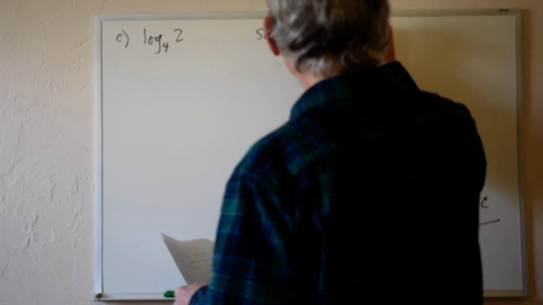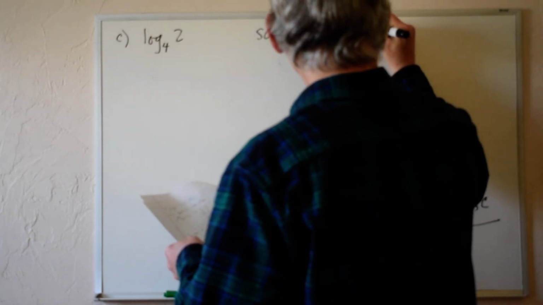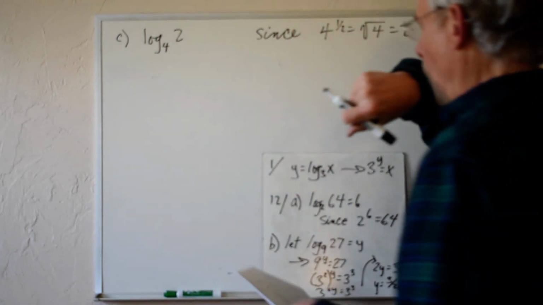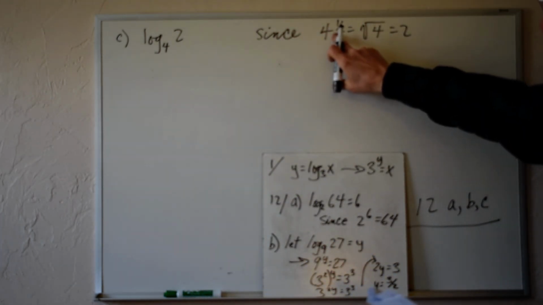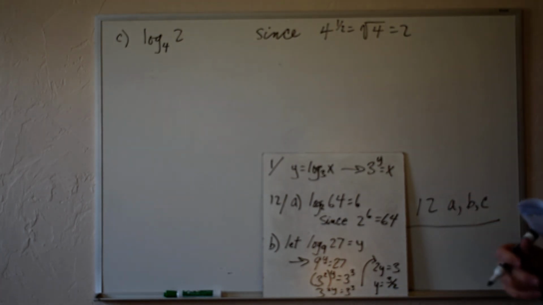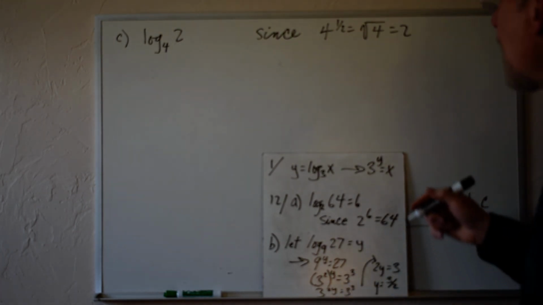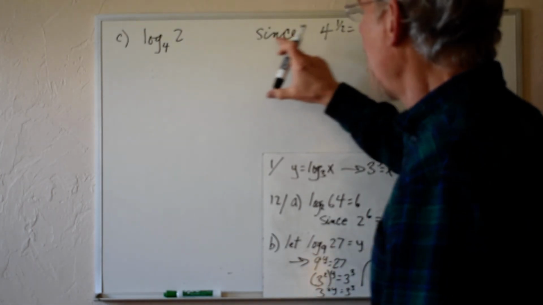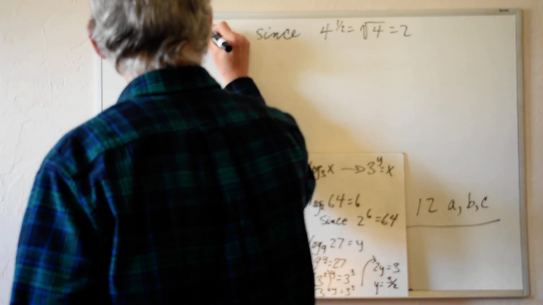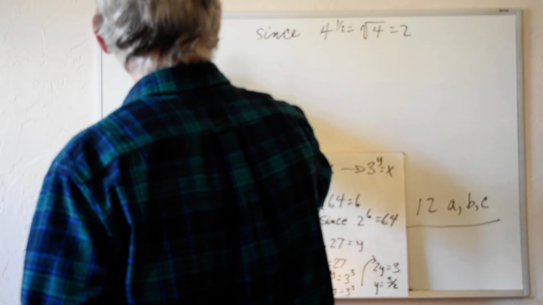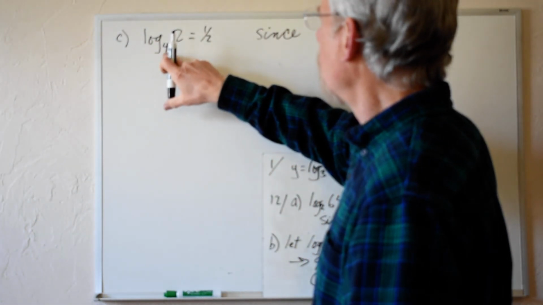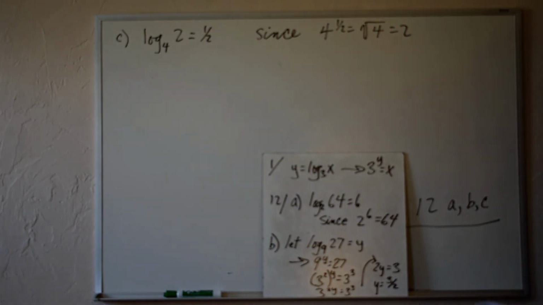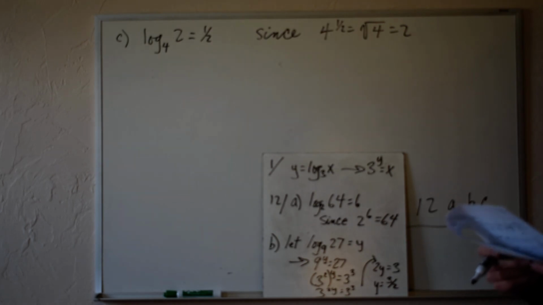Since the square root of 4 is equal to 2, and 4 to the 1/2 is equal to the square root of 4, then I see that the exponent I need is 1/2. So I say that 4 to the power 1/2 gives me 2. So that's how I can evaluate that expression.